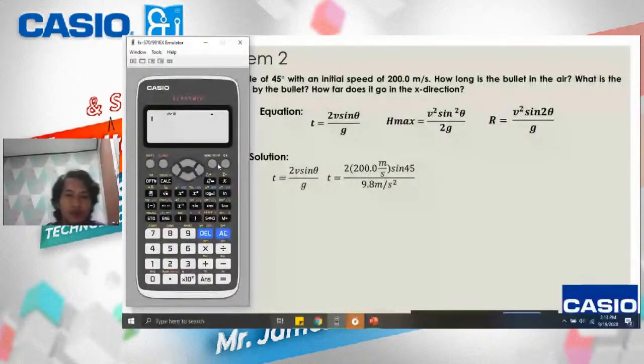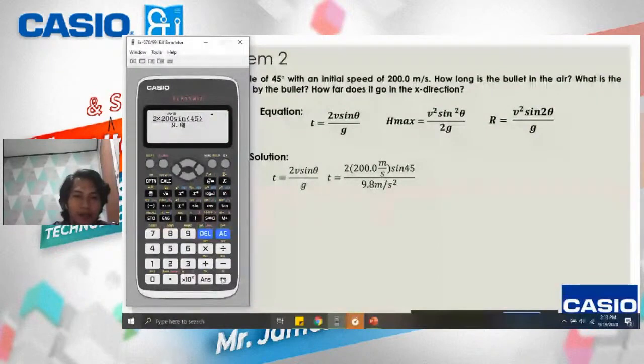Yan. So fraction 2 times 200 sine 45, close parentheses, over 9.8. Yan. Sana hindi siya mag-ano, no?